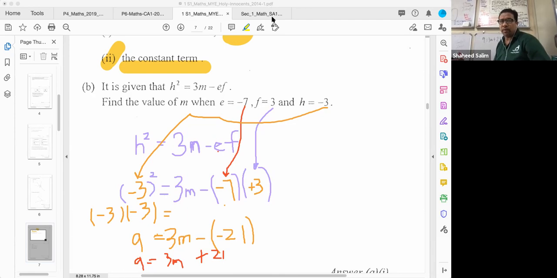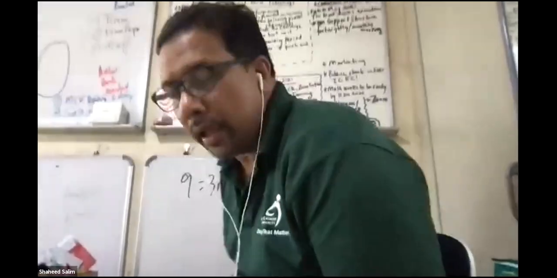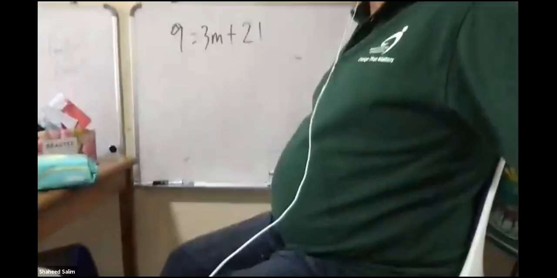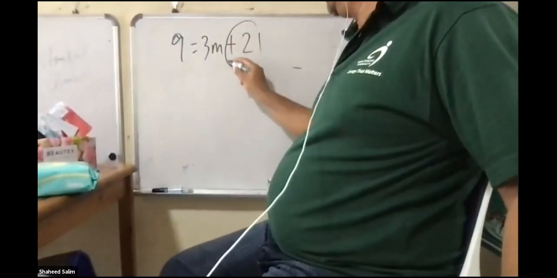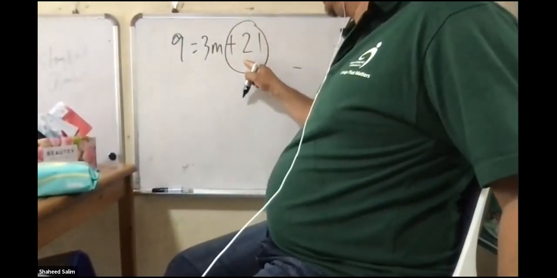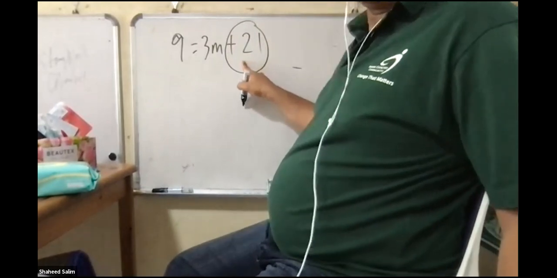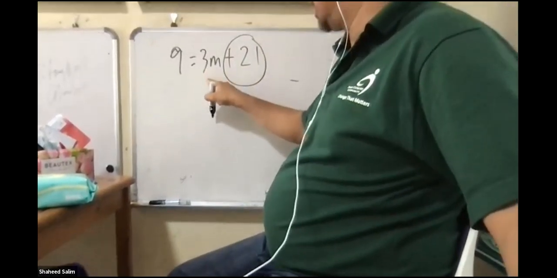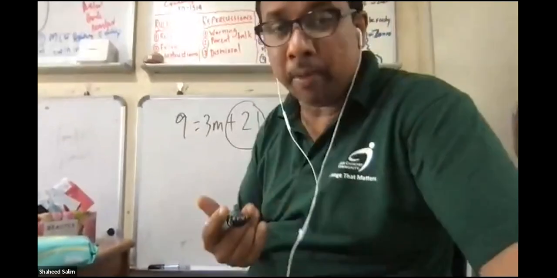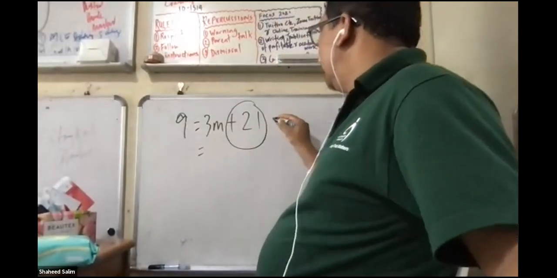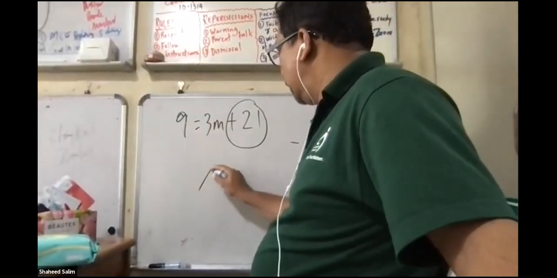You must understand that one first. If you don't understand, we will have a problem. So now down here, I want to bring plus 21. I want to get rid of it. I only want to see the m on one side. Why? I want to find out the m. So now how to get rid of it? This is like a seesaw.